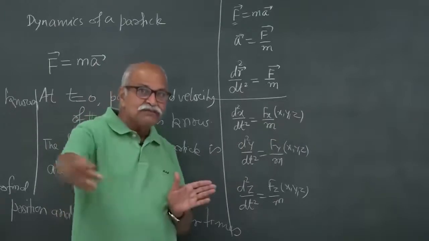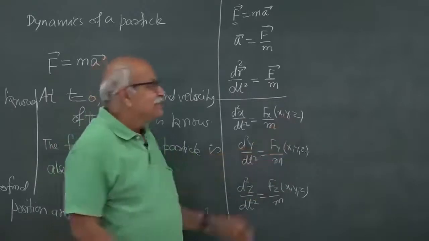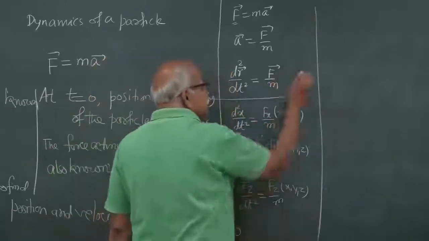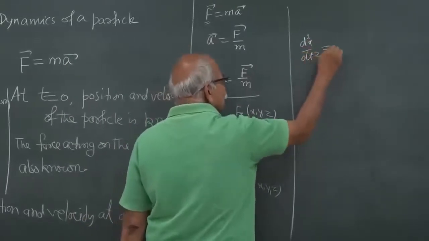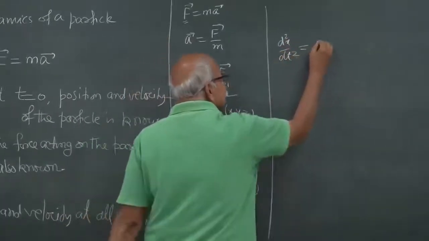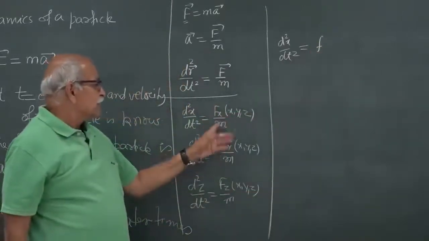during the entire motion of the particle we are interested in, this force is constant, then life is very, very simple. d2x dt square is equal to a known function Fx by m. This is constant, right? We start with constant force. So, this Fx by m is constant.